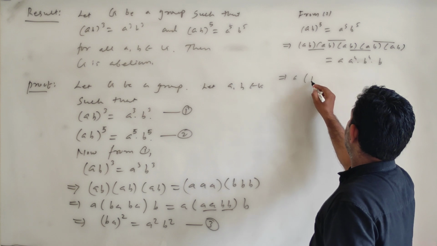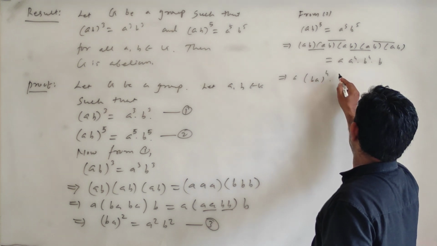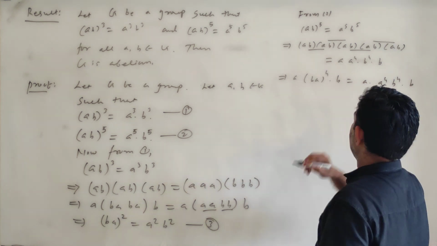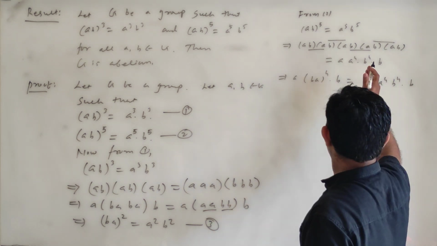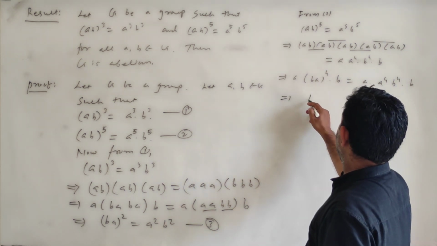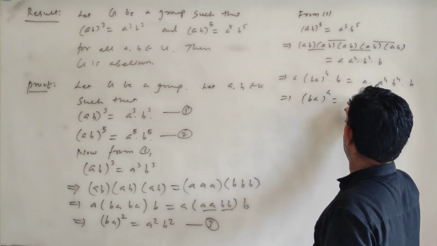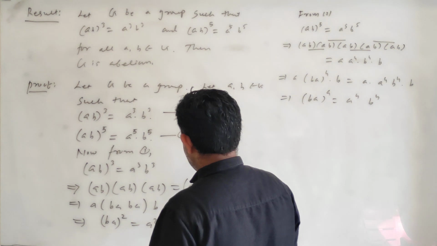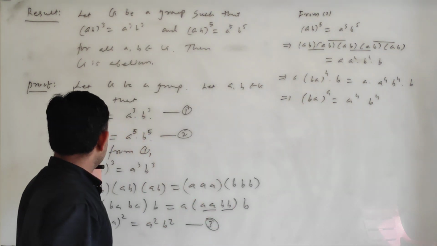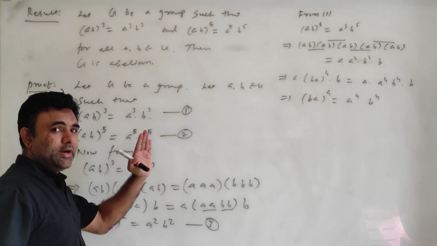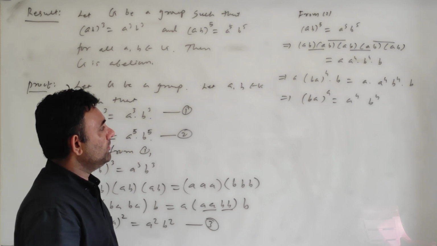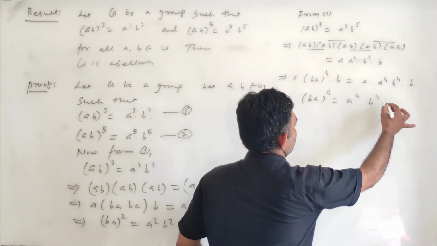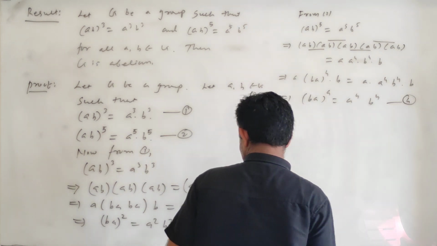So it is (BA) raised to 4 into B is equal to A into A raised to 4 B raised to 4 into B. So A cancels, B cancels. So I have (BA) raised to 4 is equal to A raised to 4 B raised to 4. So again we have, if you can distribute power 5 from left to right, then you can distribute power 4 from right to left. That is also another information, so let me say it is result number 4.